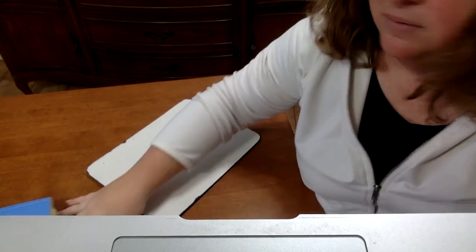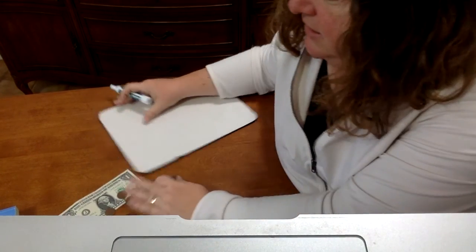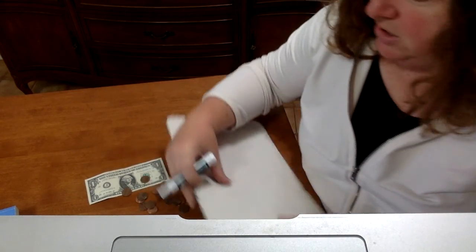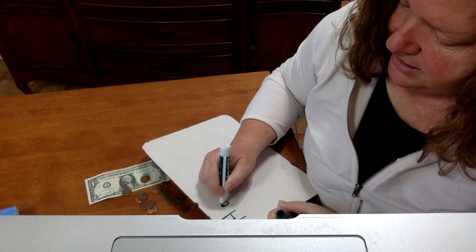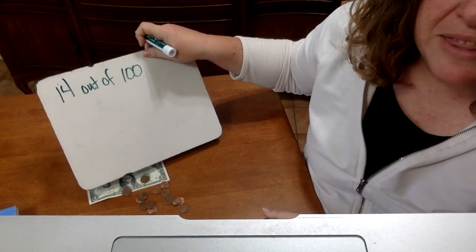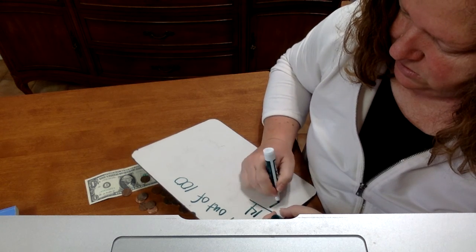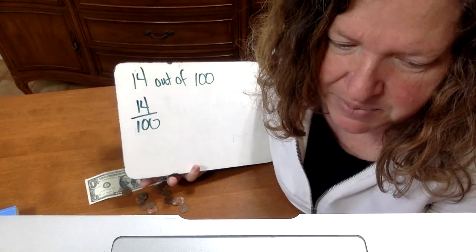There we go. Now, we can see the money here, although it's a little hard to see the pennies on the table. Sorry about that. So it's 14 out of 100. We could say that. We could say it's 14 1/100ths. That would be a good way to say it.